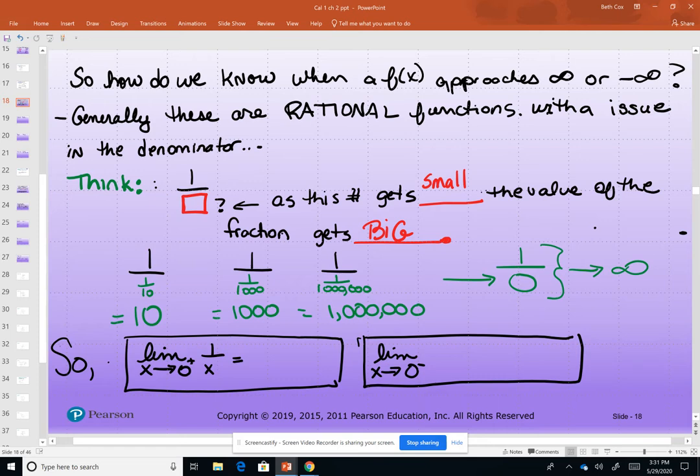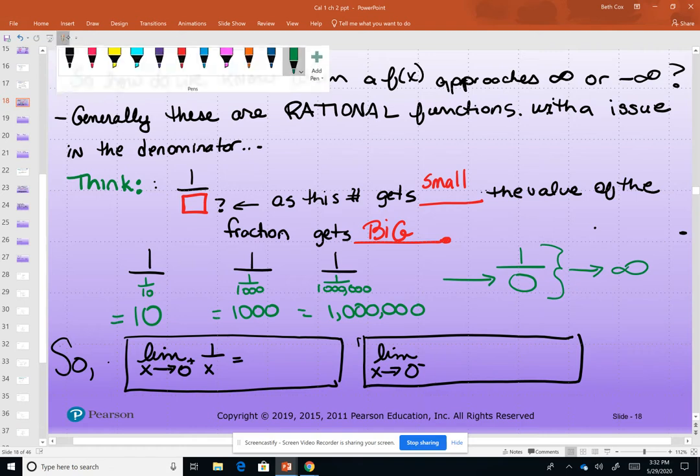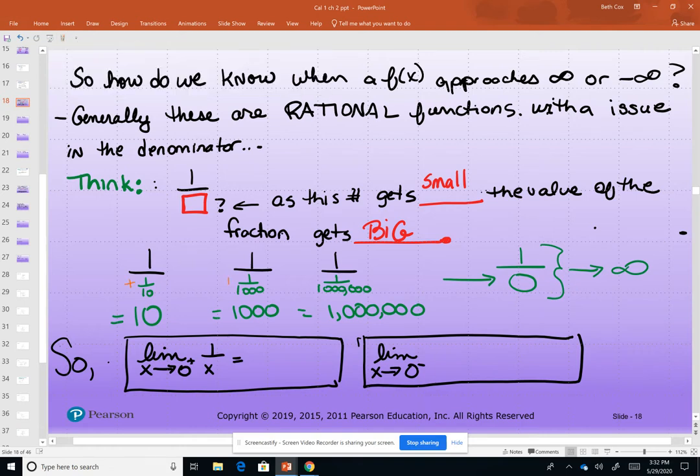Well, that just generally depends on what the values are when they're approaching 0. For example, these values are all positive values. And so I'm getting positive values. So this one is a positive infinity. Okay, but if I were plugging in negative values, I would get negative infinity.